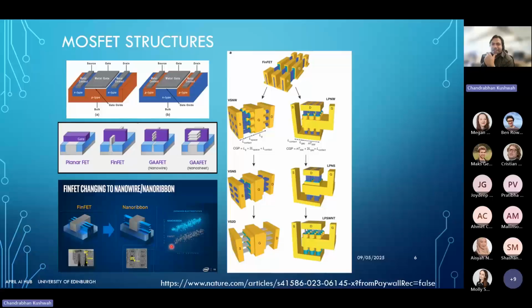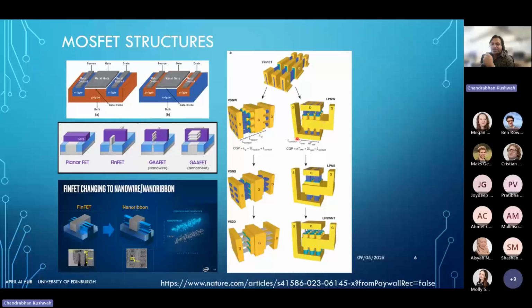If we look closely, the performance has increased from the FinFET to the gate-all-around structure, to the nano sheets or nano ribbons. The FinFET has also been utilized for different structures.